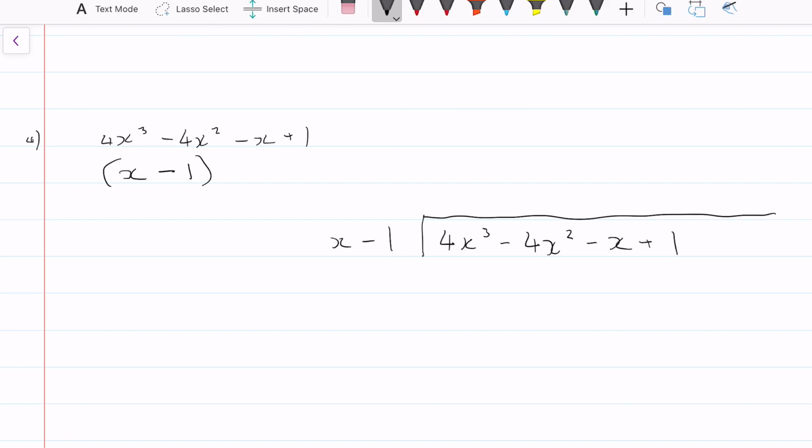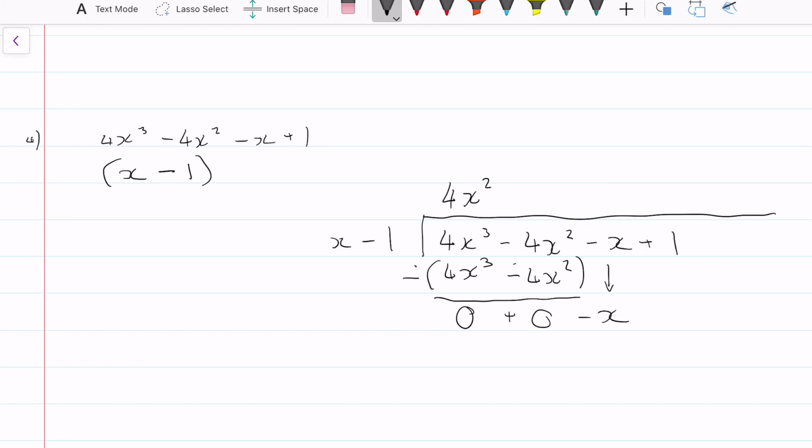So the first term we're going to have to multiply by 4x squared, which gives us 4x cubed, and we have minus 4x squared. Okay, subtract the two terms and we get 0, minus 4x squared minus minus gives us a positive 4x squared, plus 0, and we can bring down this minus x.